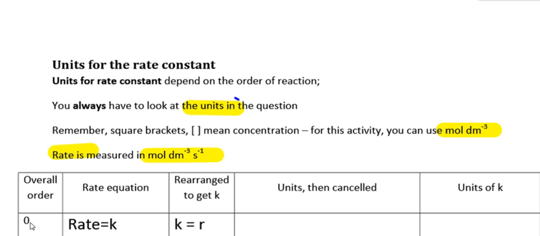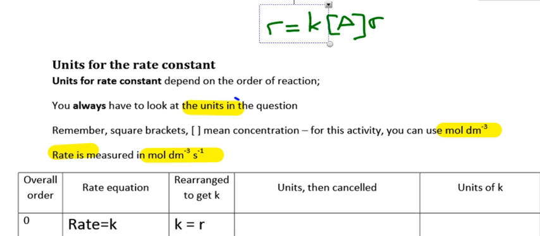So looking at this first one with an overall reaction of 0, what we're saying is that in the rate equation R equals K, and then our orders of, say, we're using concentrations A and B, with an overall order of 0, what this equation is saying is that A and B both have no effect on the rate of reaction.